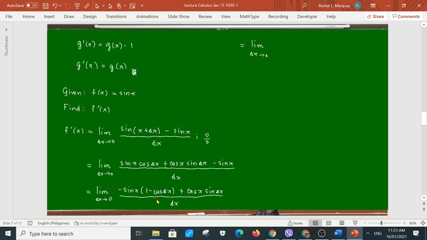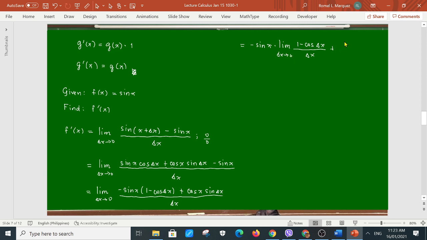Negative sine x and cosine x are considered constants, I can just move them out, no? Then I can now split the limit, because the limit of 1 minus cosine of delta x over delta x exists as delta x approaches 0.